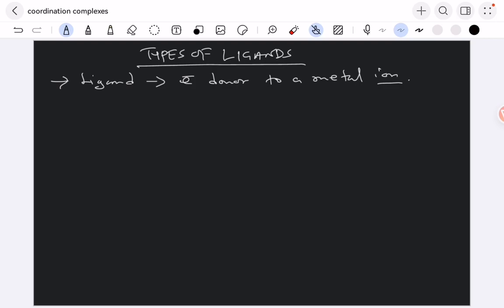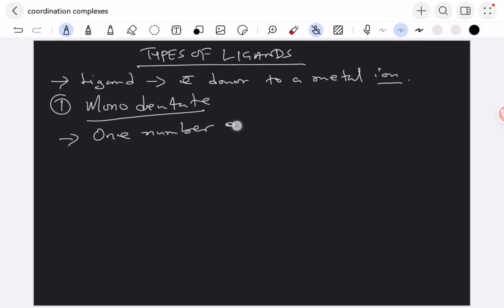The first type of ligand is known as a monodentate ligand. What do they mean when they say a monodentate? By monodentate, it means that there is only one donor atom.